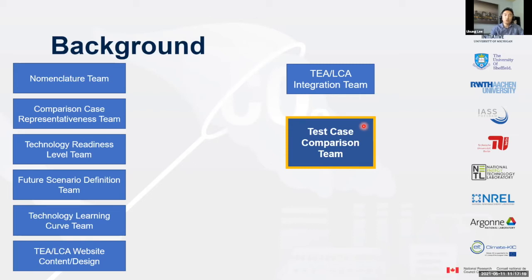Each individual team of the international CCUS harmonization team works independently on the activities given to it. For example, you already saw in the last webinar the nomenclature team and the website content and design team. We have a total of 8 teams, and 2 new teams here, the TEA and LCA integration team and the test case comparison team.